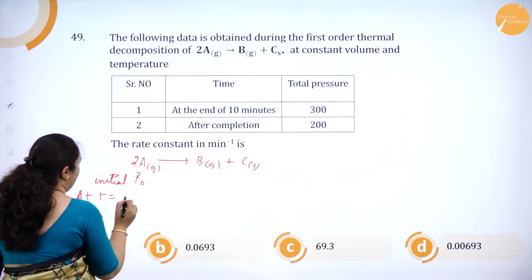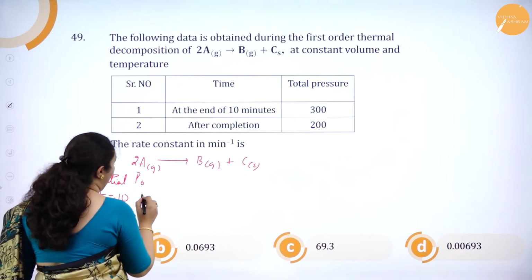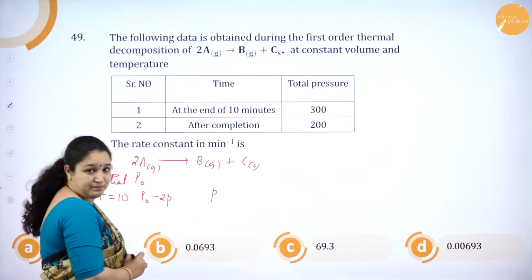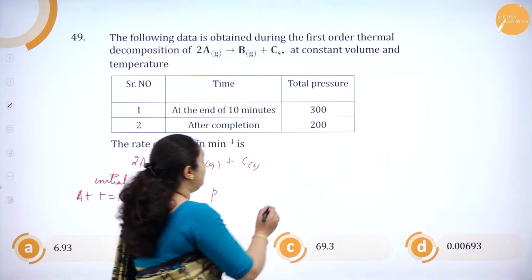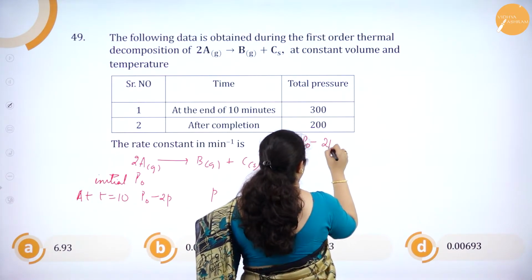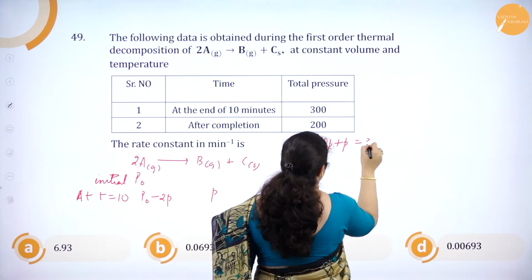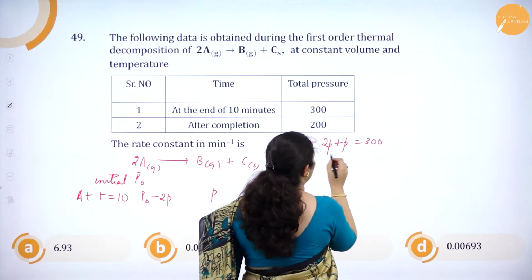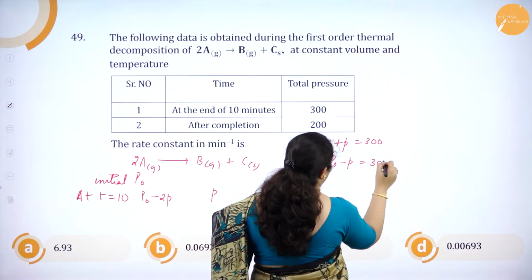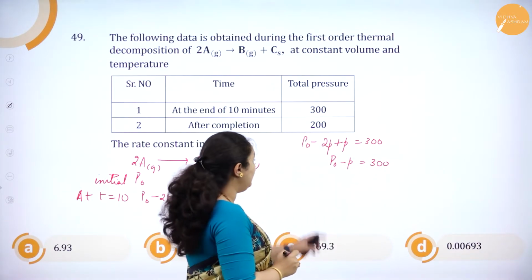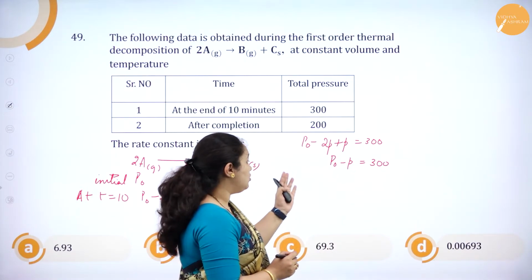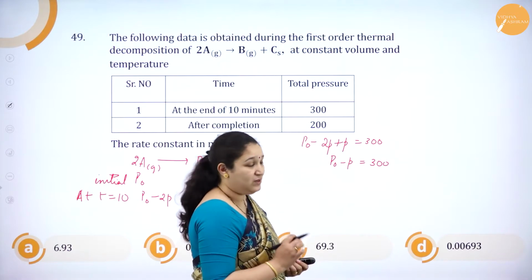At time t equal to 10 minutes, I have P naught minus 2P to give P. So at time 10 minutes, I have P naught minus 2P plus P, which is equal to 300. Correct? So this will be P naught minus P, which is equal to 300.